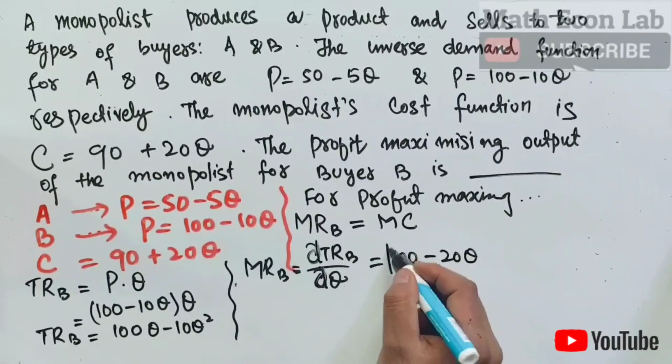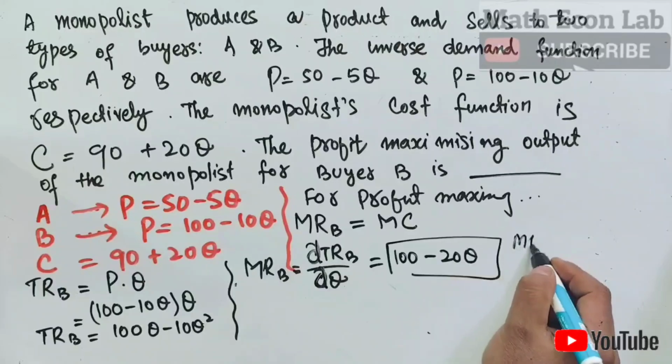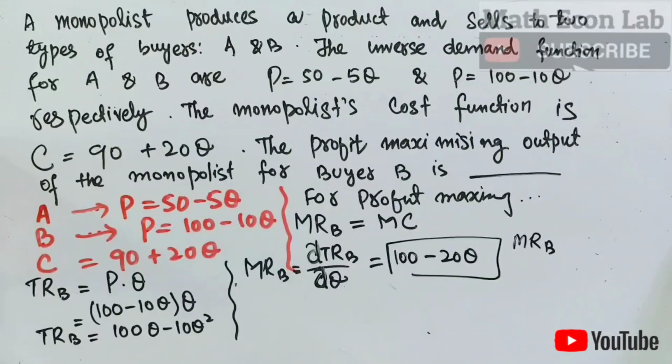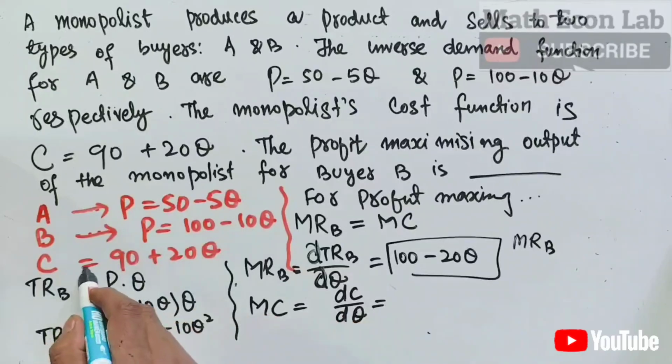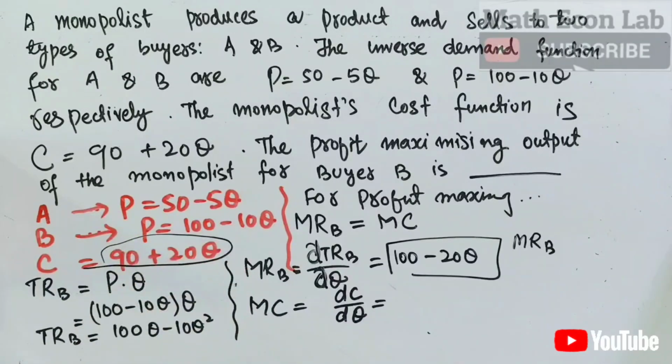This is the marginal revenue for buyer B. Similarly, we need to find the marginal cost. Marginal cost is the change in the total cost due to the change in the output. So we differentiate this cost function with respect to Q. The derivative of a constant is 0, the derivative of Q is 1, so we are left with 20.